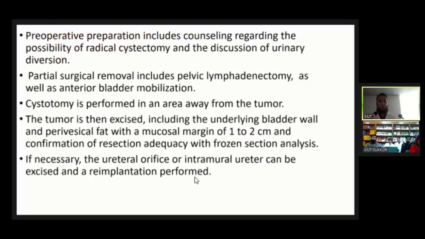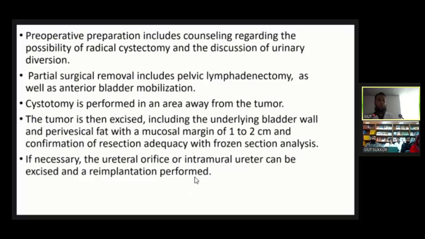For partial cystectomy, we prepare our patient starting with counseling, as for radical cystectomy, then diversion if needed, and partial surgical removal of the lymph nodes, as well as anterior wall mobilization.